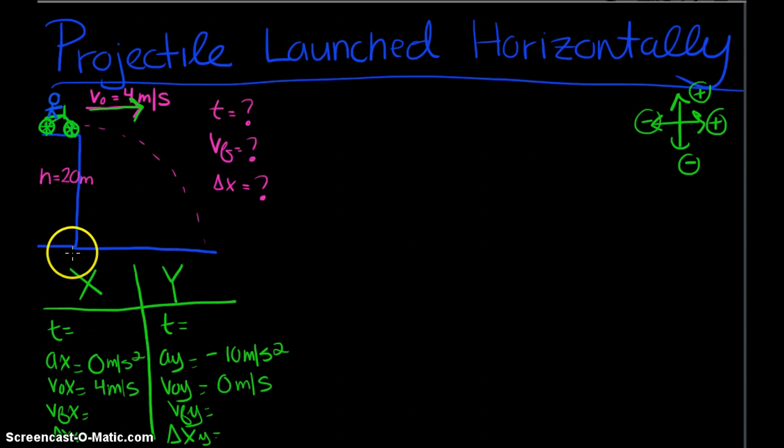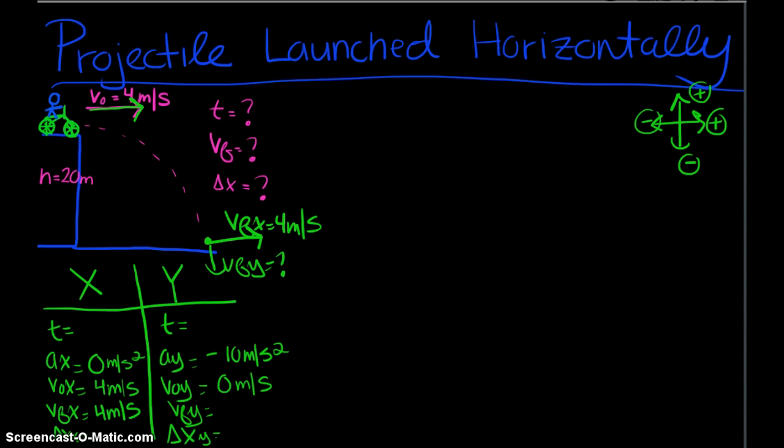As the motorcyclist moves to the right during this fall, the velocity in the x direction will remain constant. So even when he gets to here, his final velocity in the x is still 4 meters per second, and his final velocity in the y is unknown.